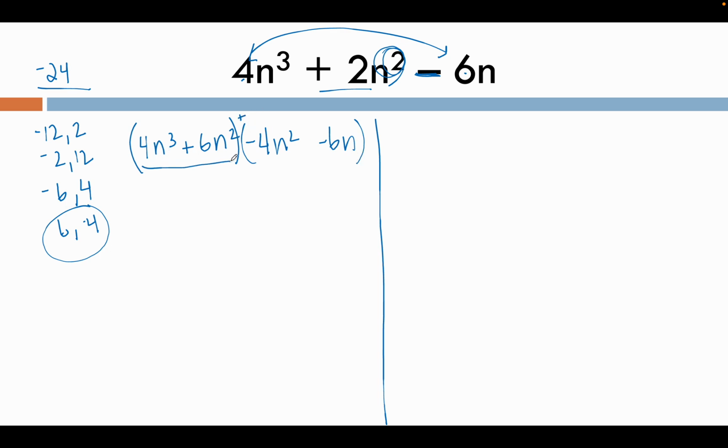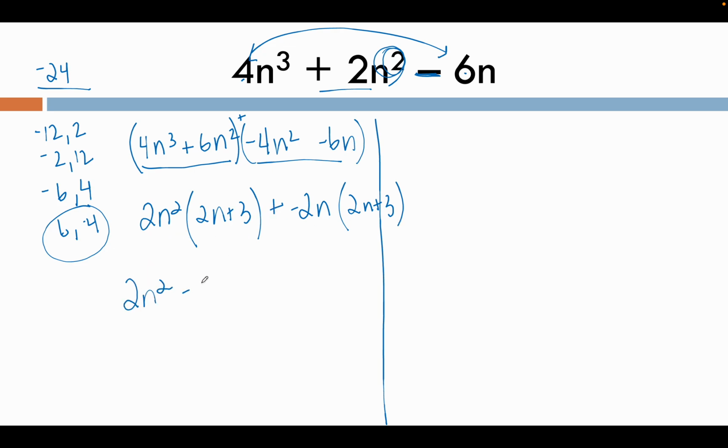Pulling out the greatest common factor here is 2n squared, leaving us with 2n plus 3 inside, and then factoring out a negative 2n here, giving us 2n plus 3. And then we've got 2n squared minus 2n, and then that quantity times 2n plus 3.